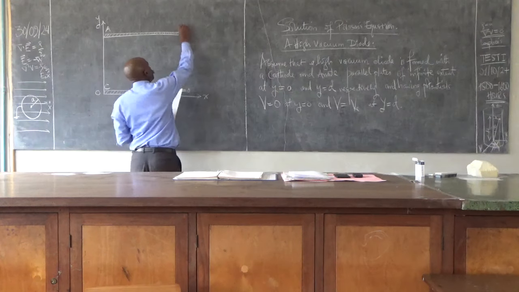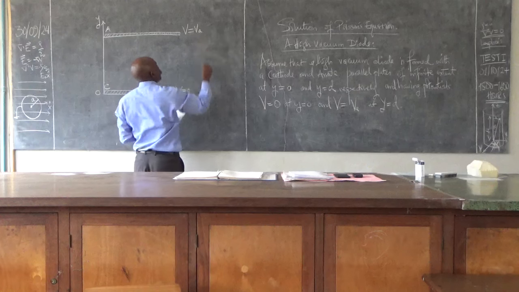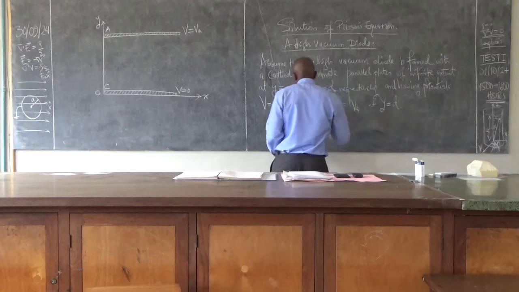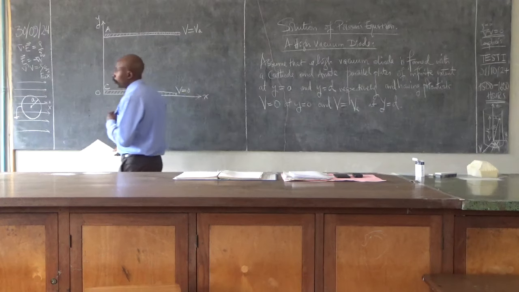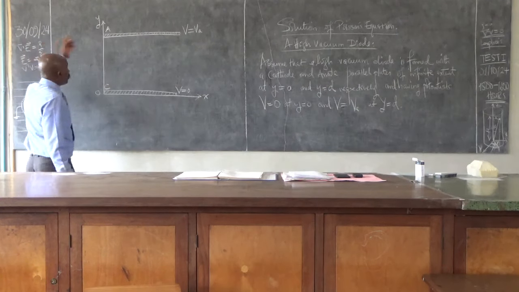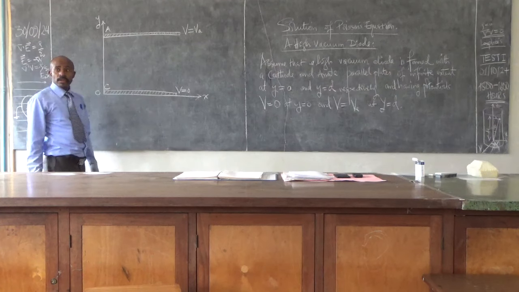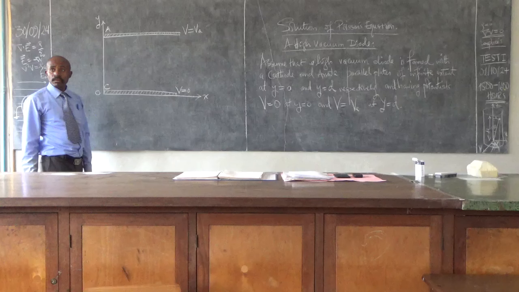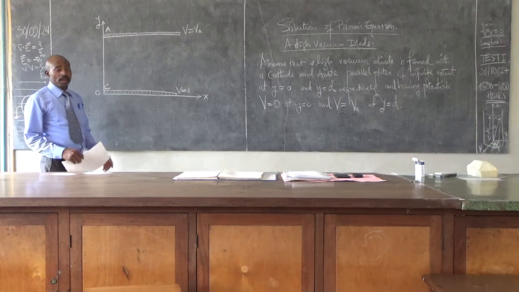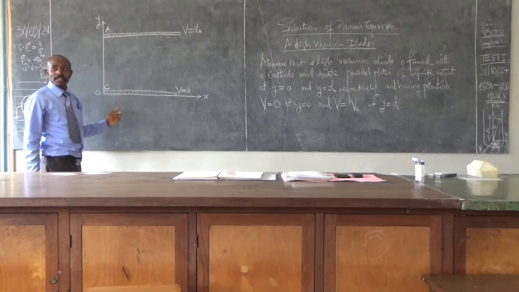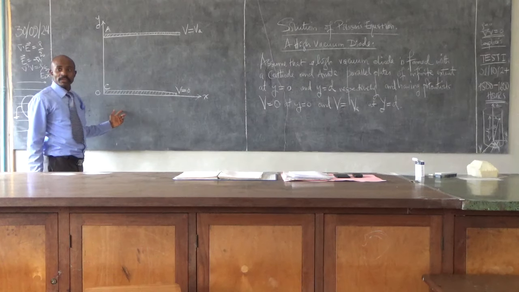And so the potential here is VA. We need to know what is going on. With this being the anode, positively charged, and this being the cathode, where would the electric field intensity be going?